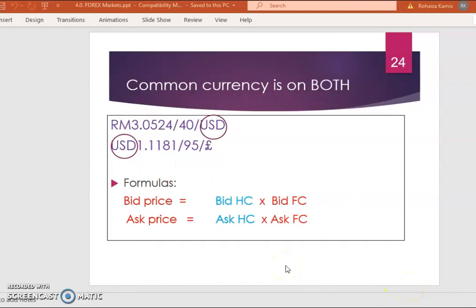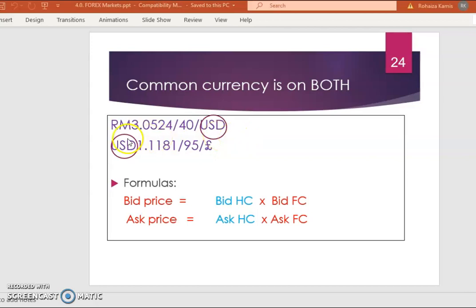Okay, now we go to the third type of common currency, which is both sides. For one side, the common currency is at the back of the quotation; for many side, the common currency is at the front of the quotation. But for both sides, one is at the back and another one is at the front of the quotation, like this example.